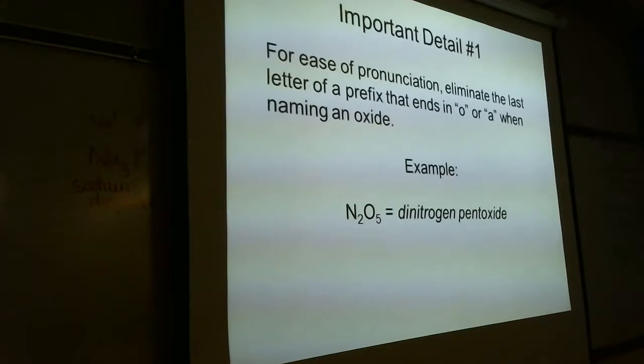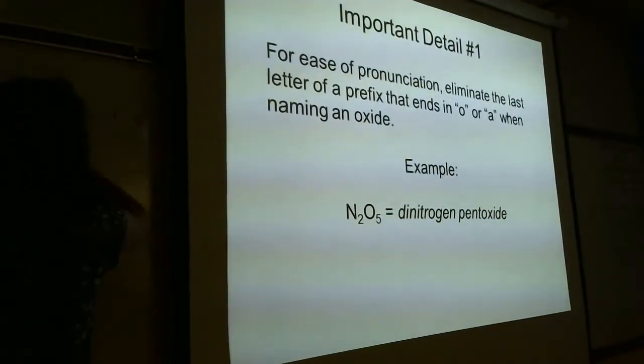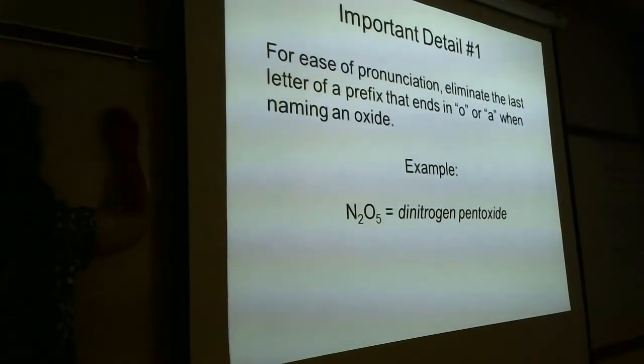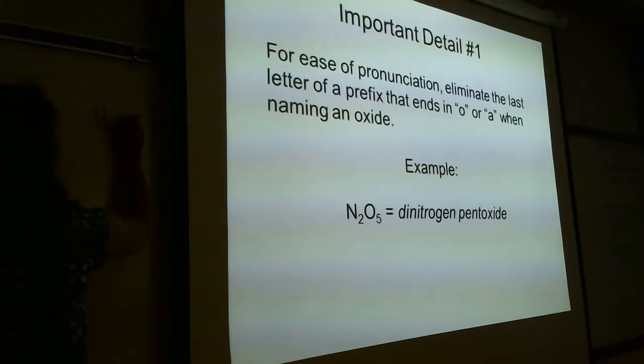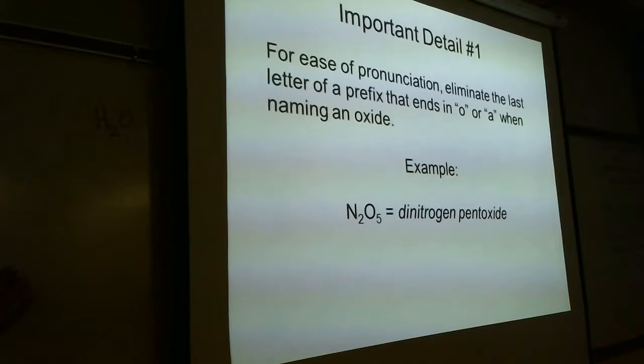Does this make sense? So if we were naming water, let's just practice. H2O, right? Water has covalent bonding. Water's not ionic bonding. It's very, very much covalent bonding. So what prefix goes with 2?